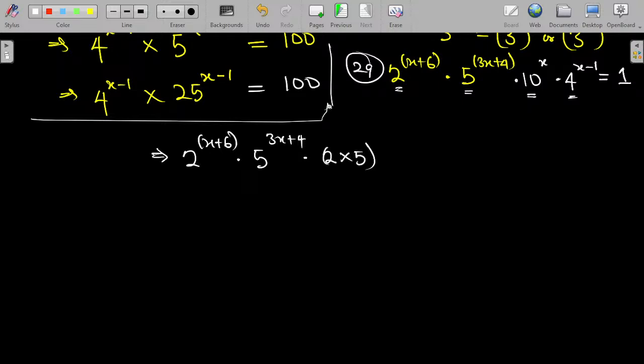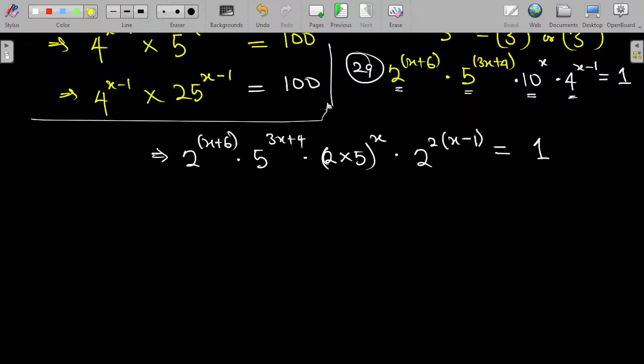And why did I split it into 2 times 5? Because I'm already seeing base 2 and 5 here. And so that is to the power of x. And that is multiplied by 4, which is 2 to the power of 2. And that 2 will multiply x minus 1, which is the existing power. And that is equal to 1.